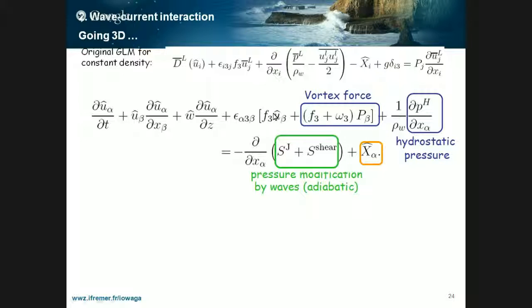The other terms are essentially some modification of the mean pressure by the waves. The simple version, if you neglect the vertical shear of the current, is depth uniform, and in WaveWatch it's called the Bernoulli head. This was introduced by Jim McWilliams. So you have a Bernoulli head output from WaveWatch that you can use for driving your ocean circulation model.